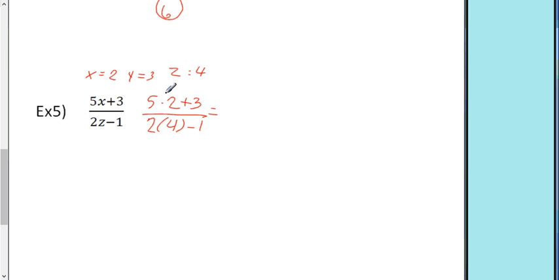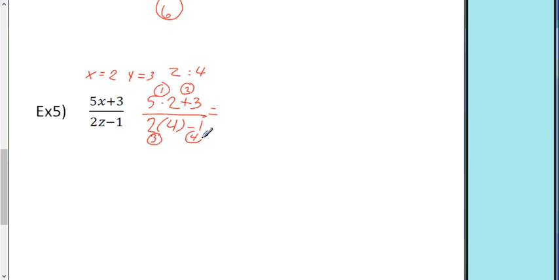So I'm going to label my steps. I have a long fraction bar, so I'm going to do the entire top first and the entire bottom second. So the entire top first, I have multiplication and addition here, so I'm going to do this first because multiplication comes before addition. I'm going to do this second. Then I'm going to go to the bottom of the fraction. I have multiplication and subtraction, so I'm going to do this third. I'm going to do the subtraction fourth.